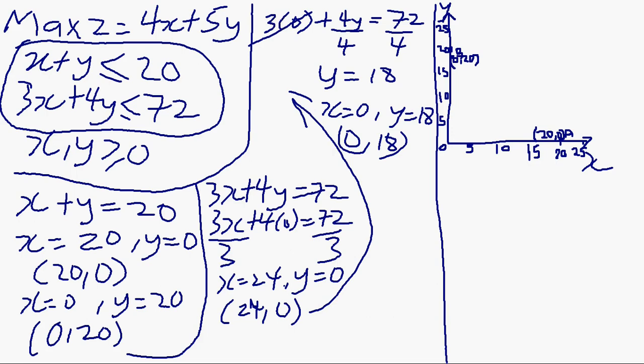Then the next one is 24, 0. 24, maybe somewhere around here, 0. Yeah. So I can name it C. 24, 0. Then the next one is 0, 18. 0, 18. Around here.